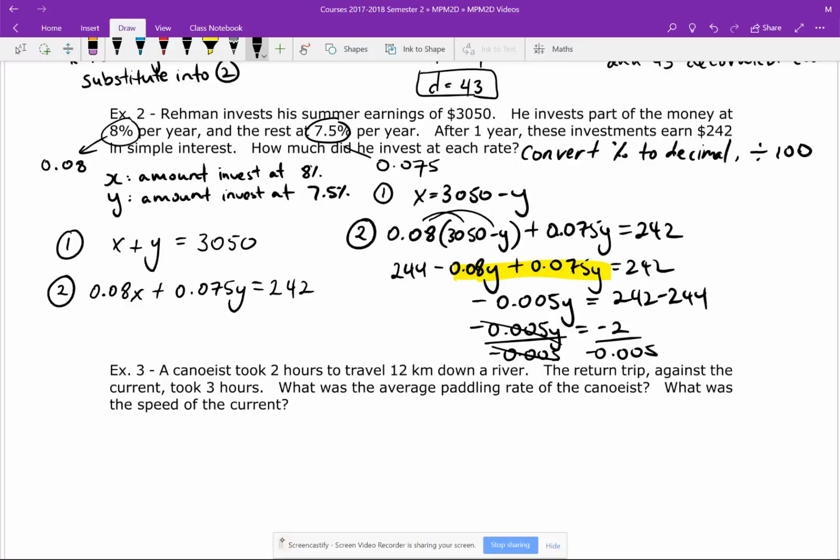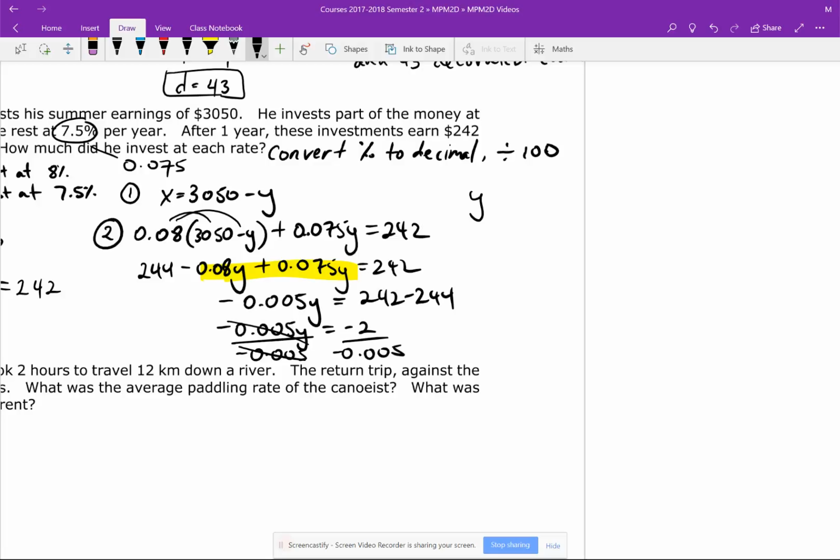So negative 2 divided by negative 0.005 is 400, big number, okay? That's what happens when you divide by a decimal. You get a bigger number than the numerator.